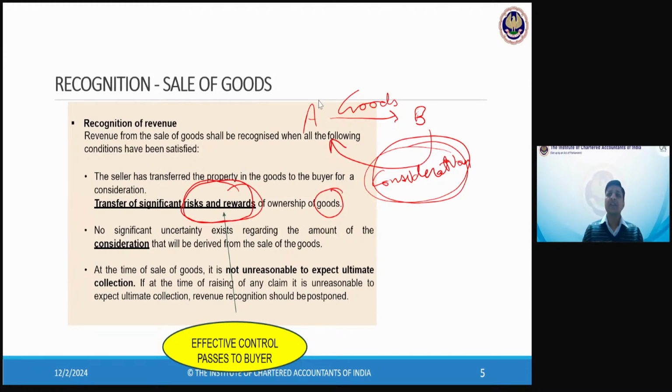And in fact, write-off is the last stage, when you are 100% assured that the money is not going to come back. That is when you will take the step of write-off. Otherwise, you will always keep a provision. So that's how it works. Understood? Sai, clear on this? Yeah. Hardik is clear.